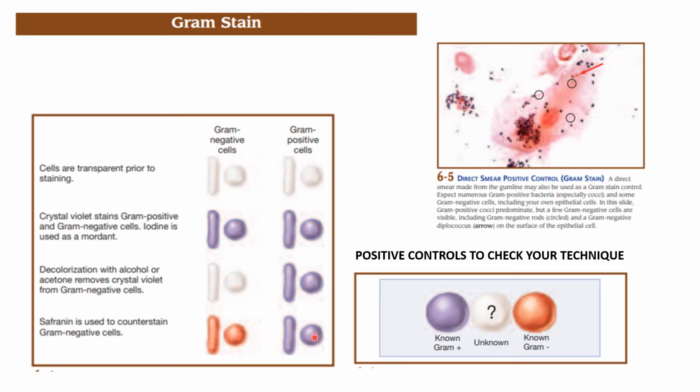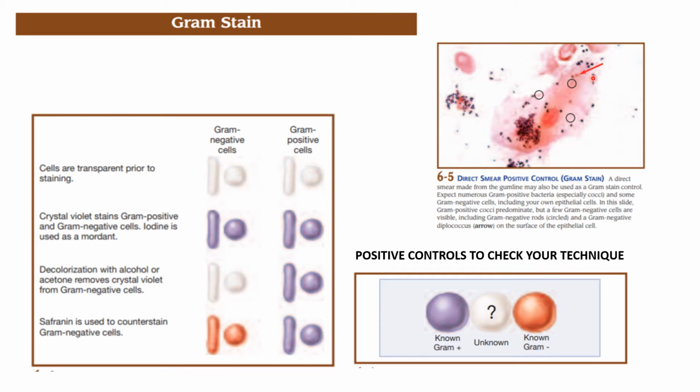Okay, so we could use a direct smear. This is an example of a direct smear, and it's not really clear, but take note of this dark structure. It looks like black, but it's purple. So those are gram-positive bacteria.